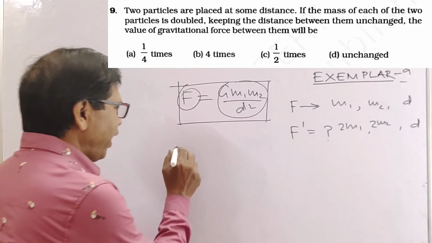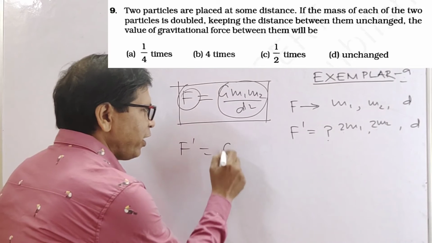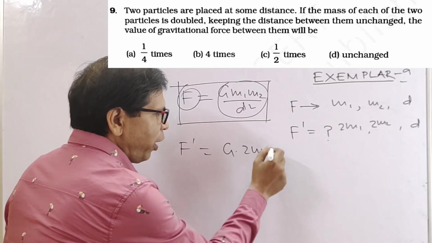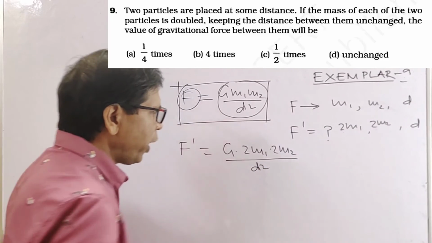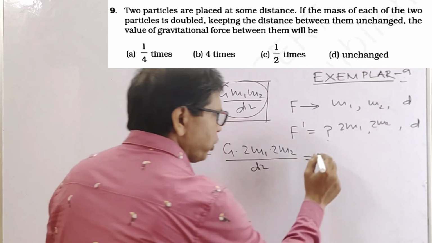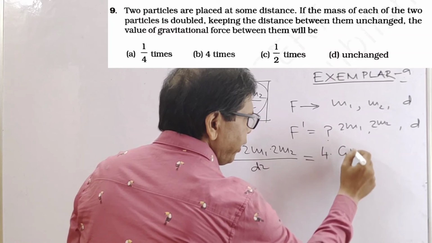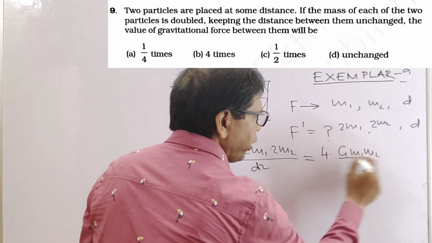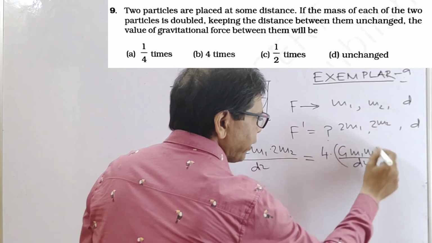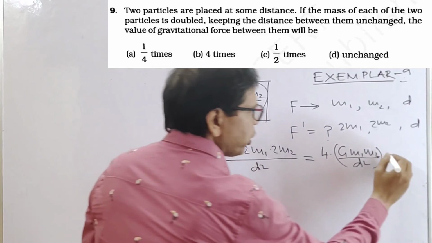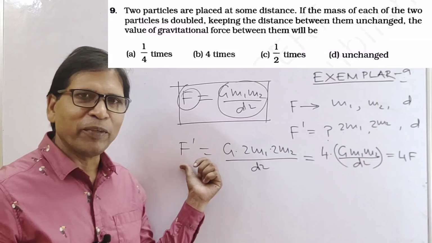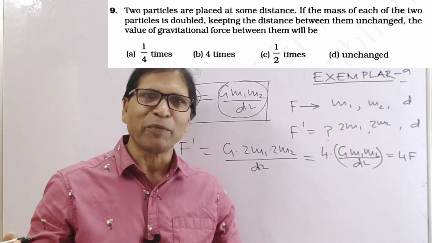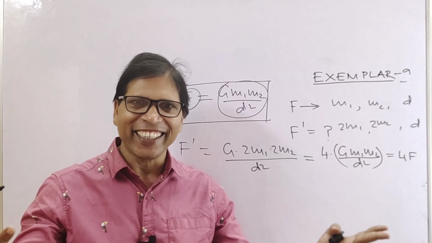Now F dash is G, 2m1, 2m2 divided by d square. So 2 into 2 is 4, therefore this is 4 into G m1 m2 divided by d square. This is F, so this is 4F, the force of attraction between them. So force of attraction becomes 4 times the initial.